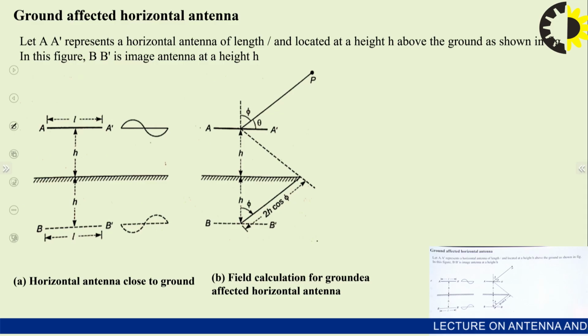So this is the ground effect over the horizontal antenna. You can see this is nothing but a dipole antenna, and you can have the current distribution in this form. Because of the 180 degree phase shift between the reflected wave and the direct wave, from the image theory concept, the flow of current is reversed as in AA dash.